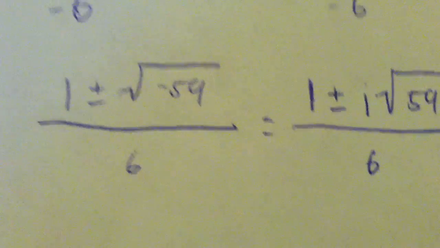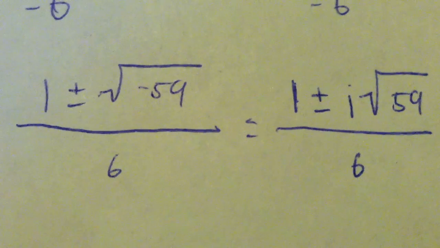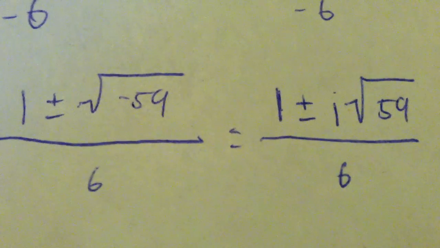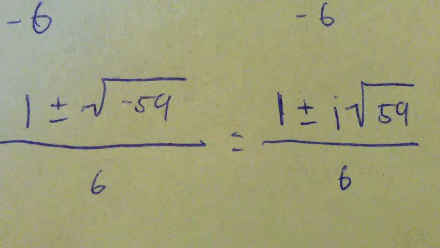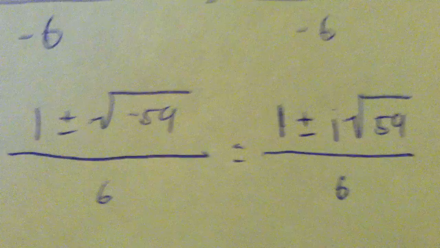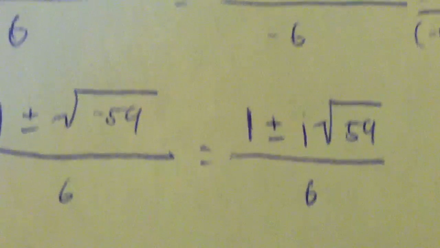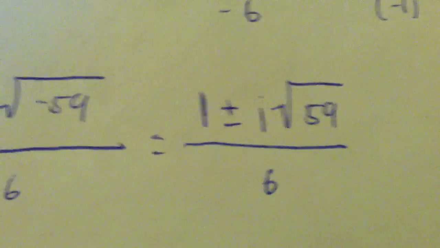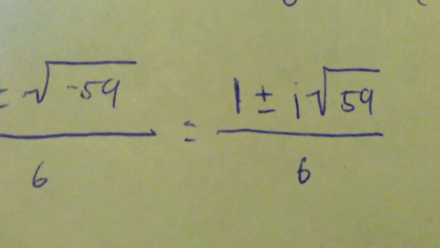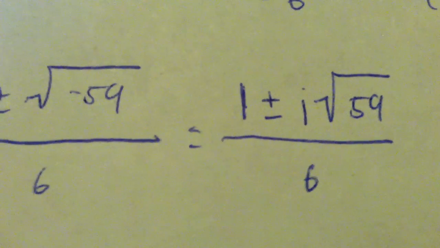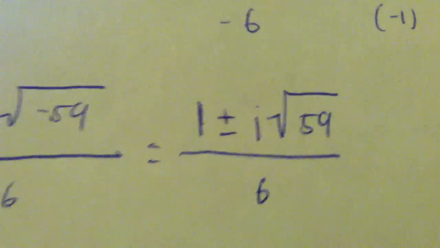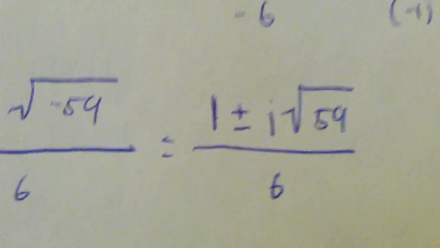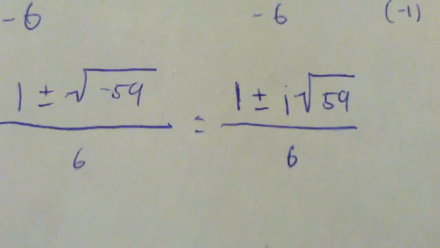And we got the i because negative 59 can't be square rooted. So we just took out an i, which is for imaginary, and then the answer is 1 plus or minus i radical 59 over 6.